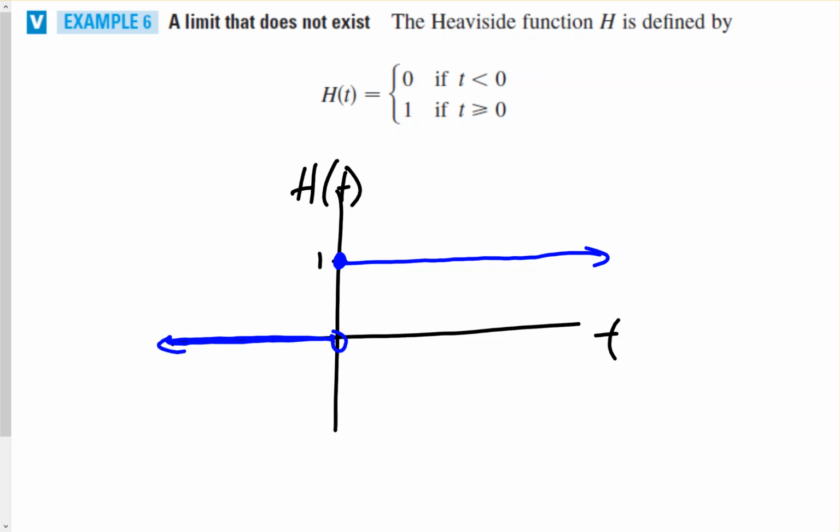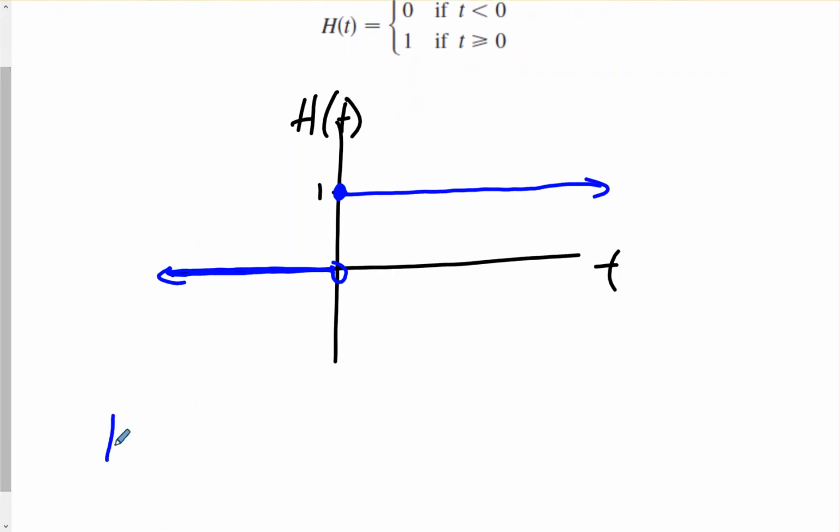So if we looked at the limit of this as t approaches 0, let's say the problem is find the limit as t approaches 0 of H of t. As we're approaching 0, from the left, it looks like it's approaching 0.